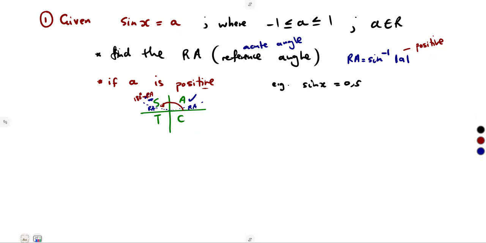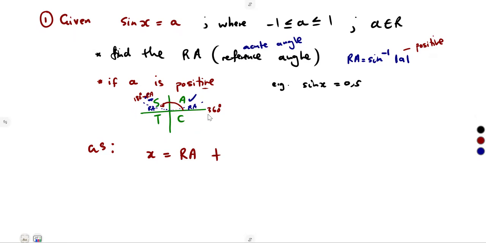But now, as a general solution, in the first quadrant our x is going to be equal to the reference angle plus multiples of 360 degrees, because this was taken in an interval from 0 to 360.